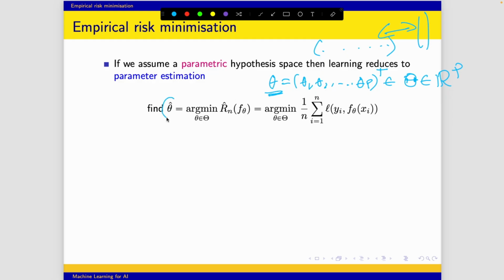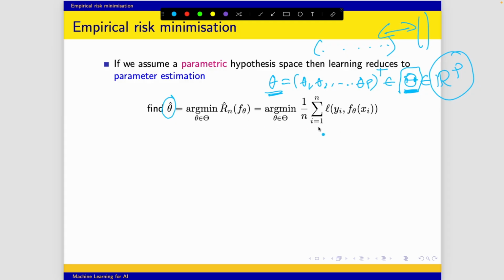So we find theta hat that minimizes the empirical risk over all functions f_theta, where theta is in this set Theta of allowed values of theta. Because there could be some values in here which are just ridiculous. So we normally confine the values to some feasible set.